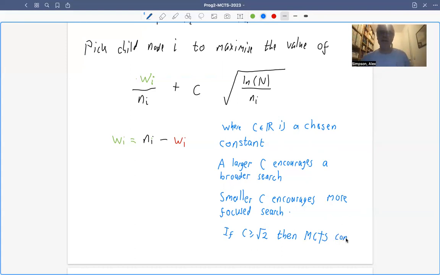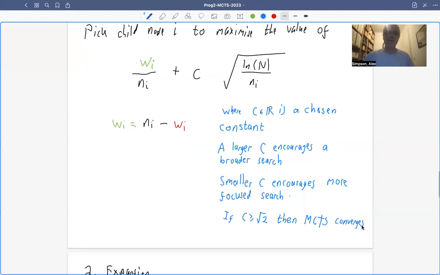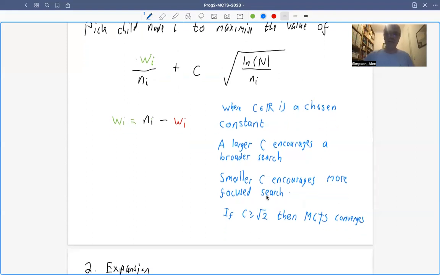But it's a good theoretical property to have. It means that as long as C is greater than or equal to a square root of 2, if you run Monte Carlo Tree Search for long enough, then it's heading in the right direction, even if it isn't going to find the best move in the time that you've given it. If you run it for long enough, it would find the best move.